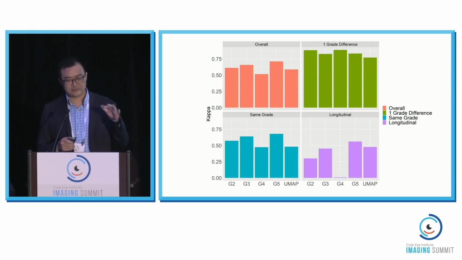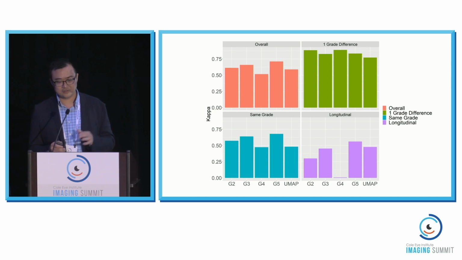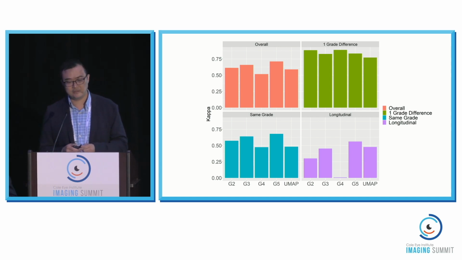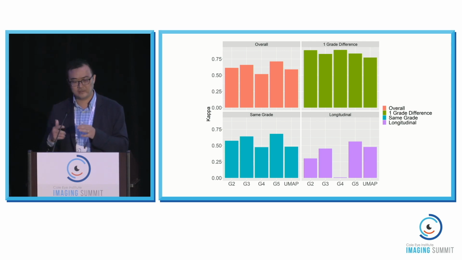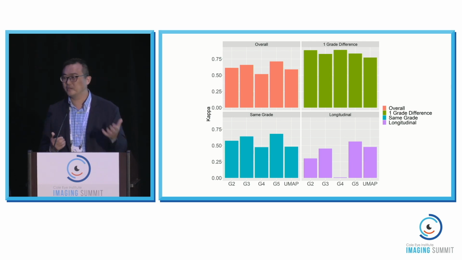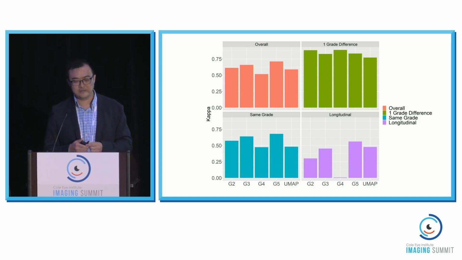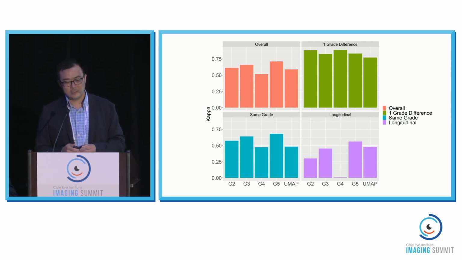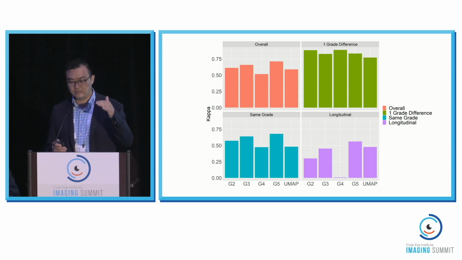The lower right is, in my opinion, the most important validation that we did. We took the same eye over time, and since MACTEL type 2 is a continuously worsening disease, you would expect the later time point to have worse disease than the previous one. So we have an objective ground truth there. What we found was that the UMAP grade was actually more accurate than human beings trying to tell which one was worse.